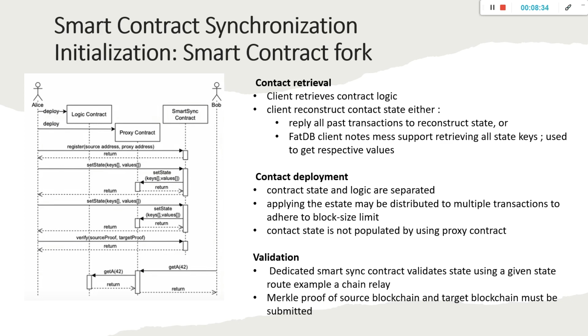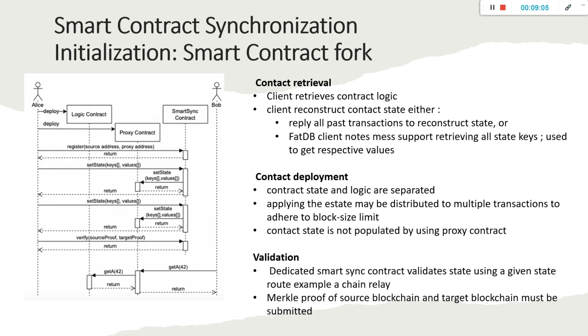So the very first step of this smart contract synchronization is the initialization of a smart contract fork, and this procedure is completed in several steps. First of all, the smart contract is retrieved from the client, and after that it is deployed, and there is a validation step. The smart contract is retrieved from the client, and that includes both logic and state.